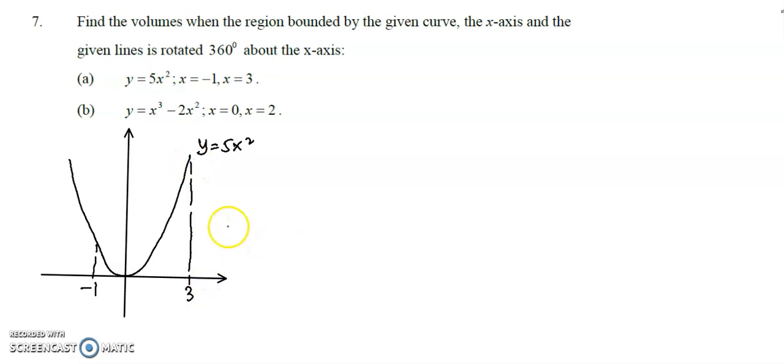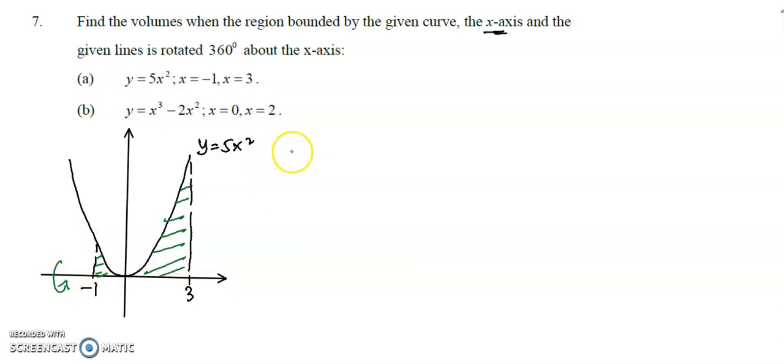So you are going to get the region which is bounded by these 3 lines. The first is the curve, then x equals negative 1, x equals 3, and one more is the x-axis. Alright, so just sketch the region that you want and integrate. Because you are going to take this region and rotate about the x-axis for 360 degrees.